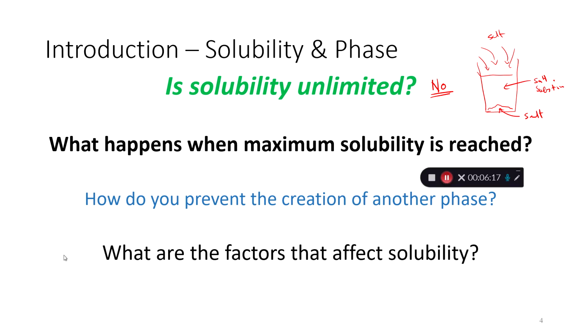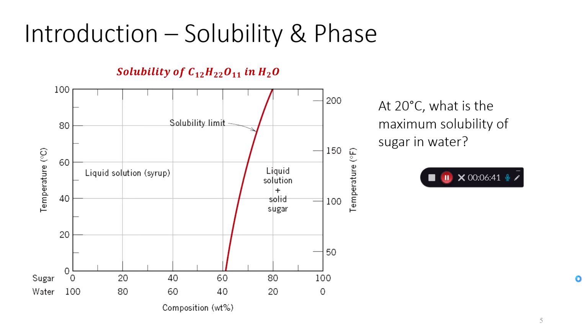The last question here is, what are the factors that affect solubility? In terms of the saltwater solution, the factors that affect it would be the temperature of the solution, the amount of solute particles that we put, or the amount of solvent that is there. These are some of the factors.